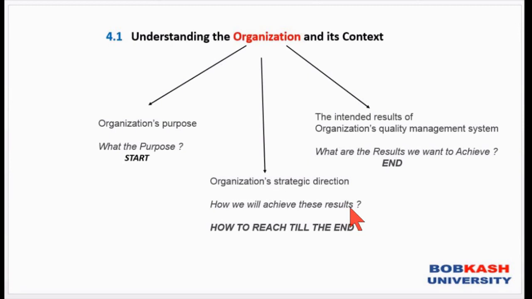So organization is just comprising of organizational purpose, and you will see all these words in the standards: organizational purpose, organization's strategic direction, and the intended results of the organization's quality management system, right? Start, end, and the method of how to achieve or reach the end. So this is about the organization.